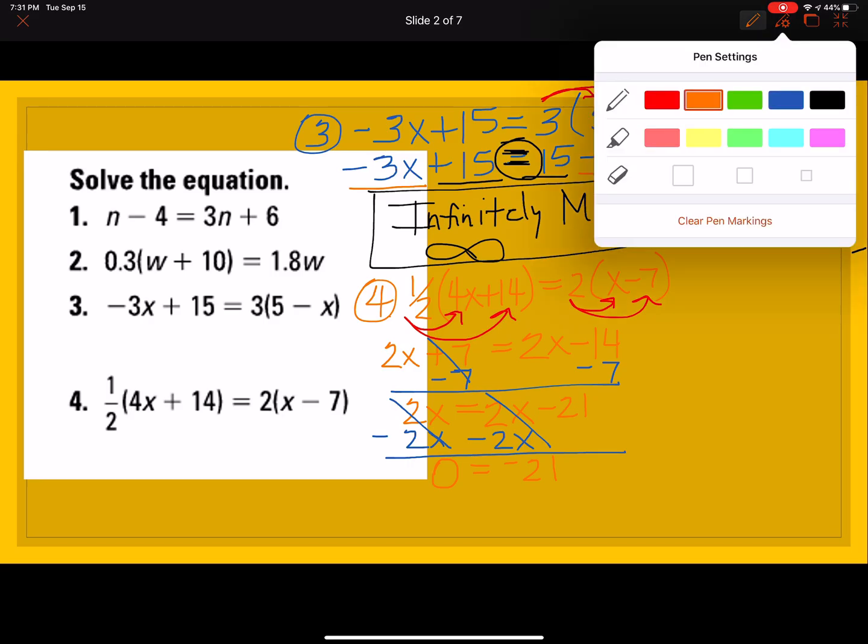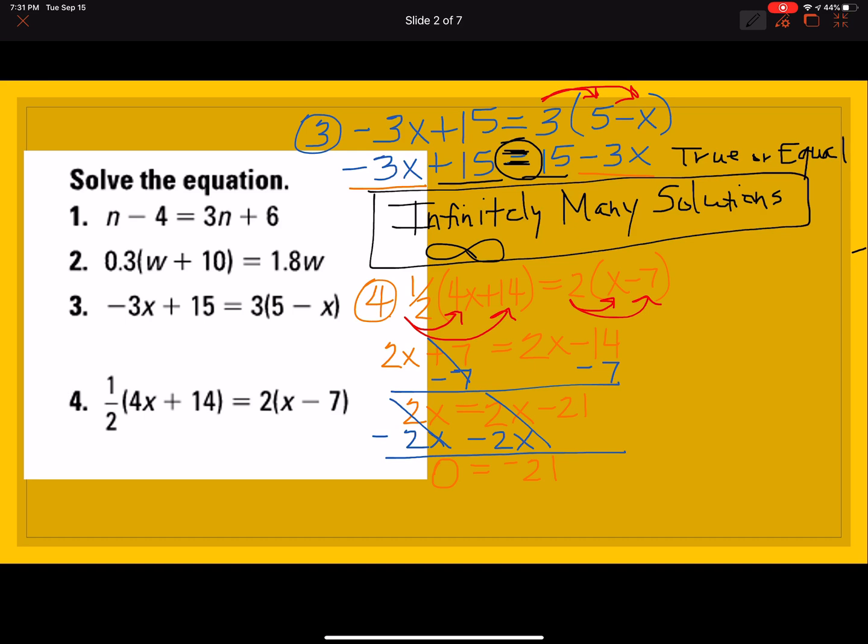Does 0 equal negative 21? No, it is not equal, not a true statement. I could say either one of those.